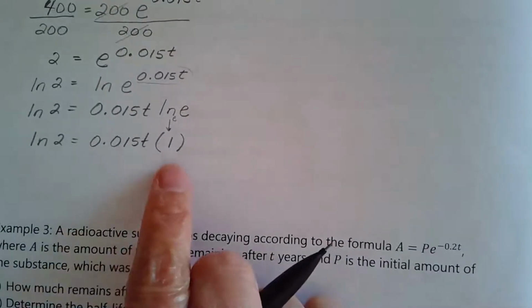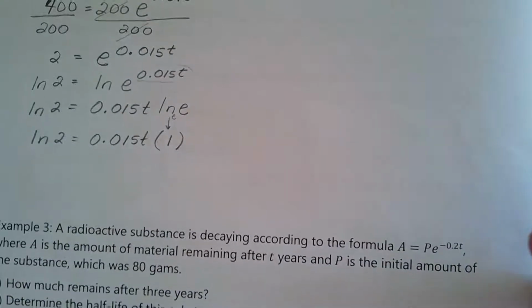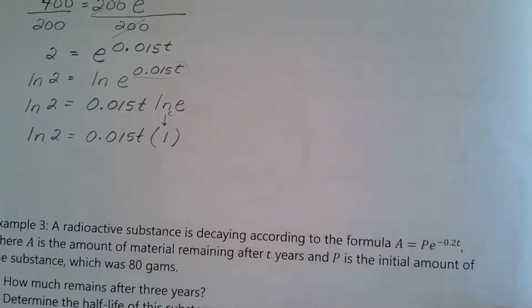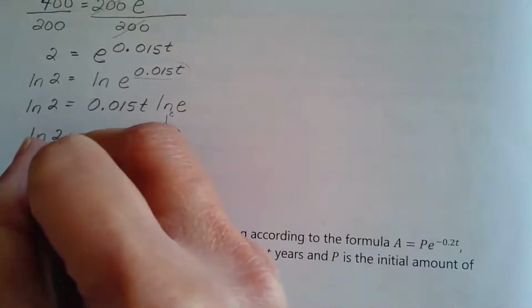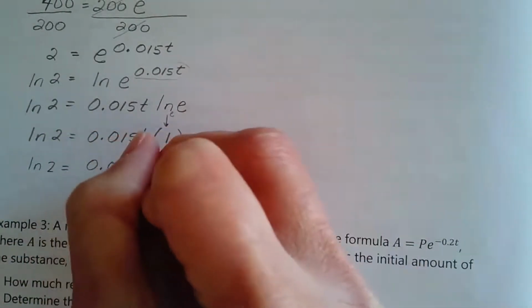Okay. Basically, I'm showing you all of the work and all of the steps, so when you go back and review this and you're reading your notes some other time, you can see what's going on. Okay, so let's rewrite that. So it's natural log of 2 equals 0.015t.